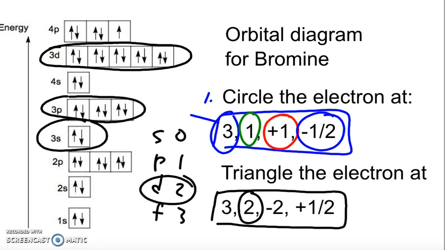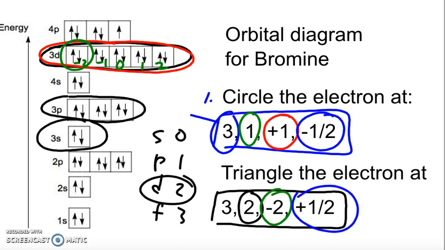So the electron has to be here. The third quantum number of -2 refers to which orbital: 0, 1, 2 off to the right, -1, -2 off to the left. So we are looking somewhere in that first orbital. And with a +1/2, we are very specifically looking at the up arrow right there.